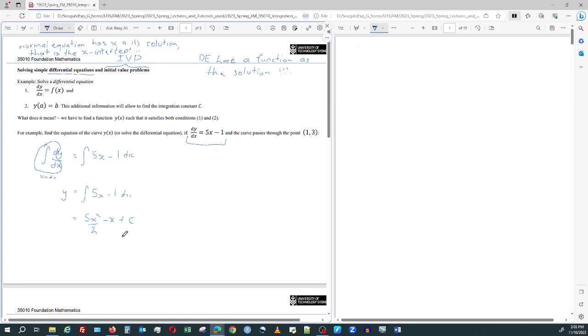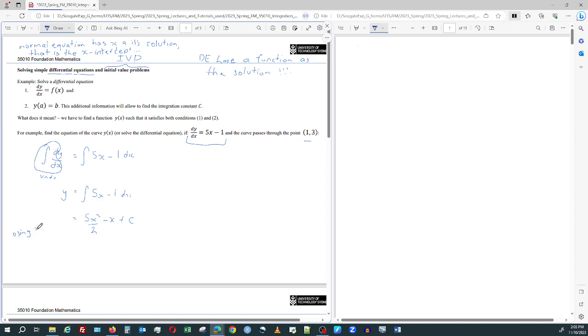Now we have some initial conditions, and the initial condition is that the curve passes through (1, 3). So when we put x equals 1 in there, we'll get this. We did this when we found the y-intercepts, didn't we?